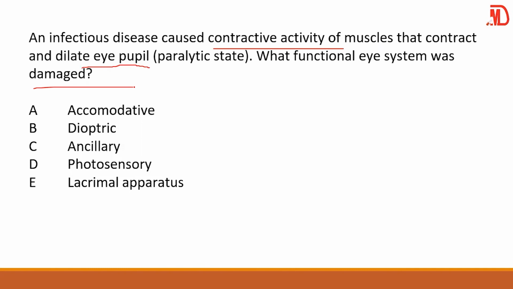Now look, if you're looking at an object that is very far, your eye will contract in a way that you can see the object. In the same way, when the object is very close, your eye will also move in a way that it can see the object very clearly.